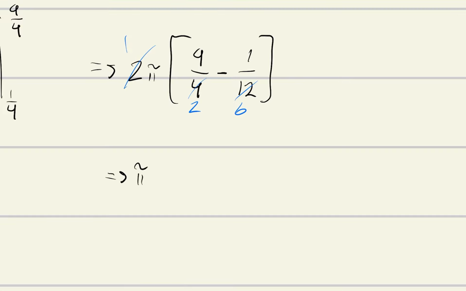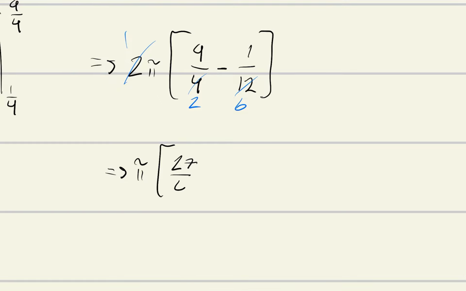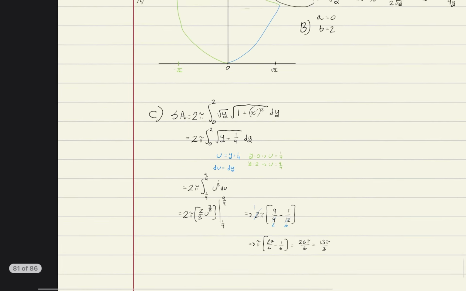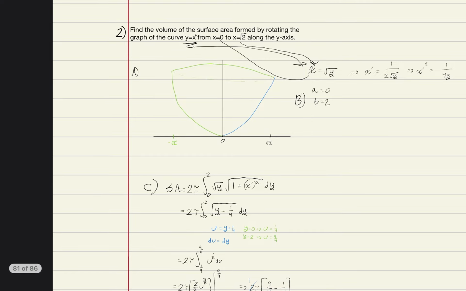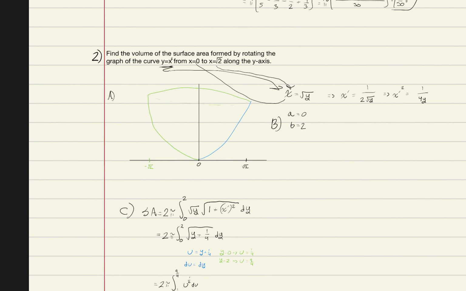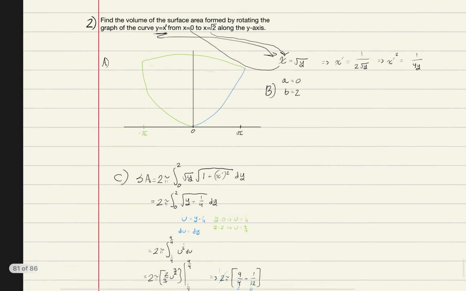So we'll have pi times 9 times 3 is 27 over 6 minus 1 over 6, which is equal to 26 pi over 6, which is equal to 13 pi over 3. That's question 2, and that is the surface area of the graph y equals x squared from x equals 0 to x equals square root of 2.